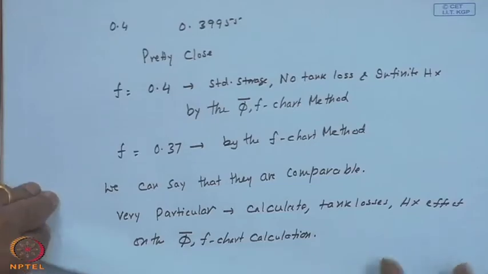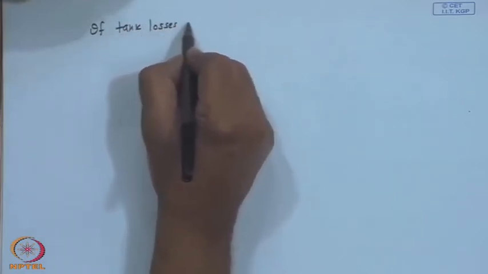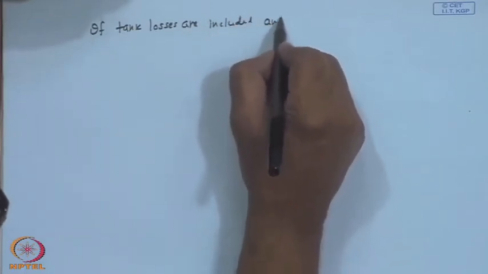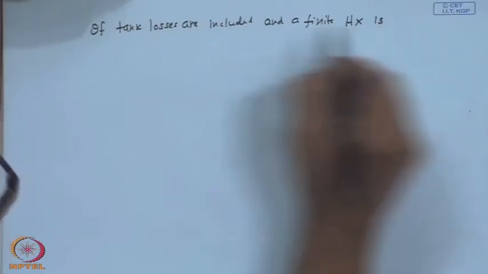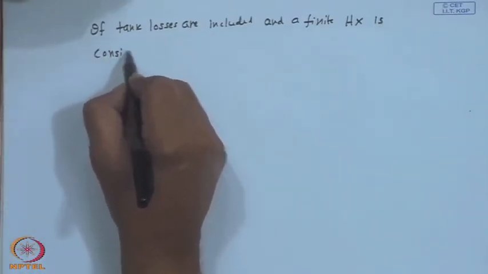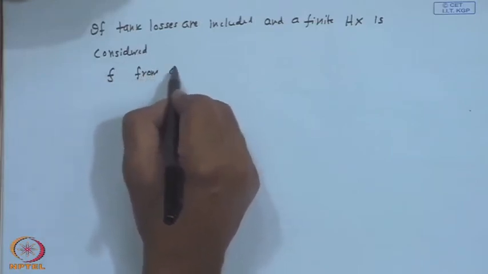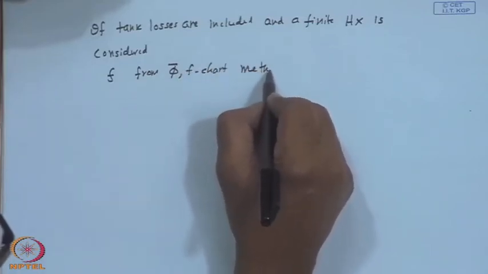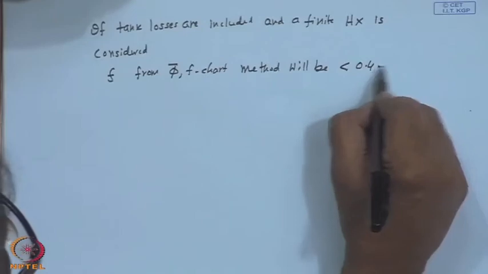So, obviously, if tank losses are included and a finite heat exchanger is considered, f from the phi bar f chart method will be less than 0.4, goes close to 0.37.